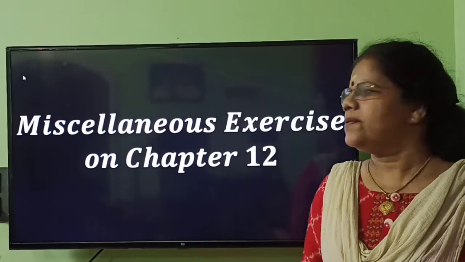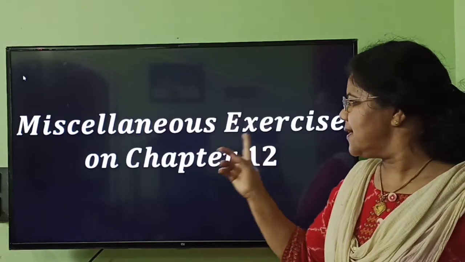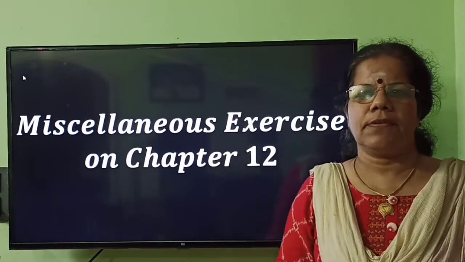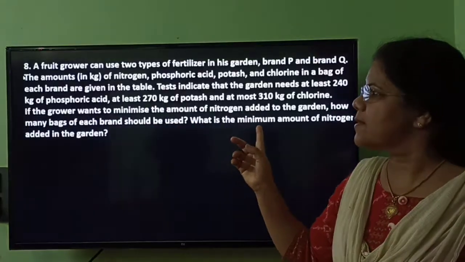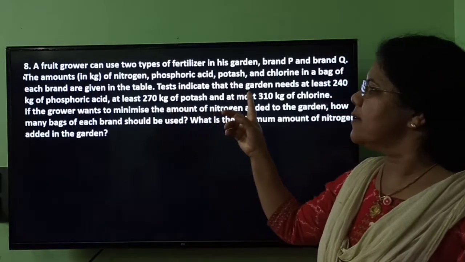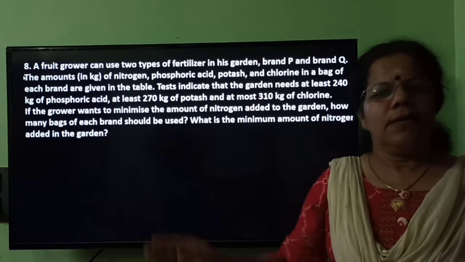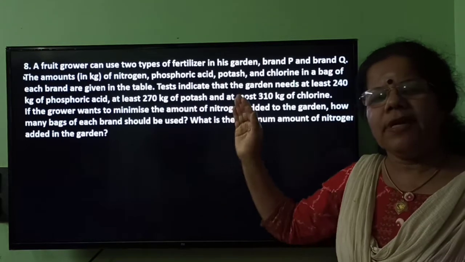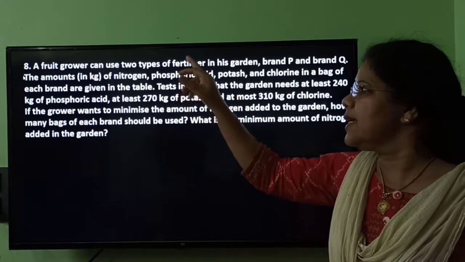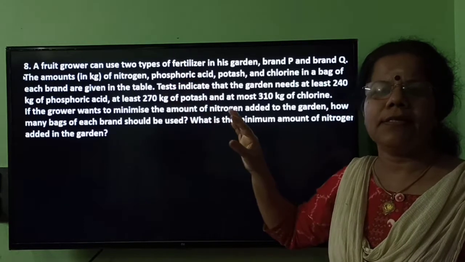Now we will go to some miscellaneous exercise on chapter 12. Now see the first question. A fruit grower can use 2 types of fertilizer in his garden. Now read this question and we will split it statement by statement and analyze the problem.